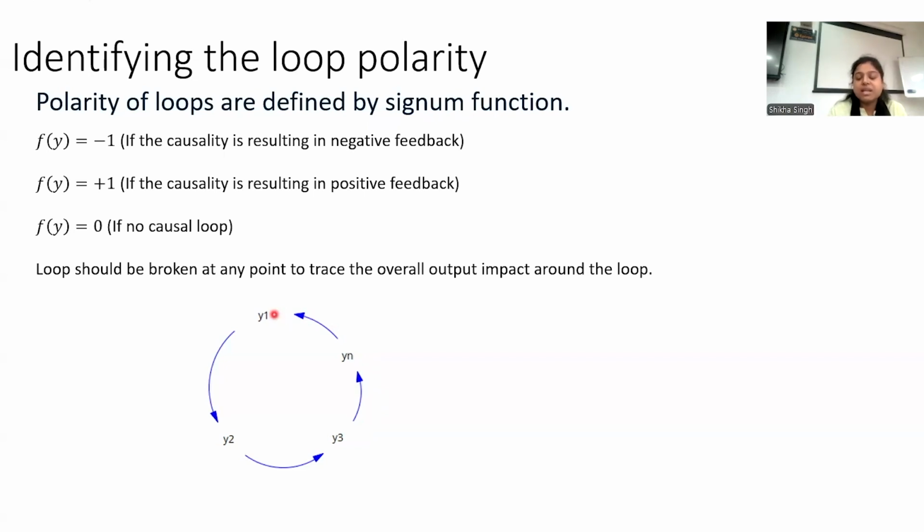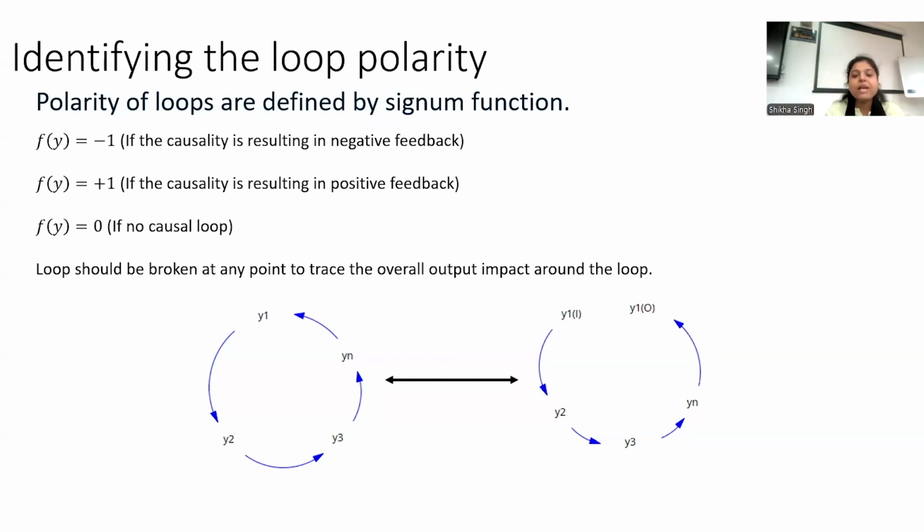So it has been suggested that instead of directly trying to make guesses, you better break this loop at some particular point at which you are trying to analyze the resultant polarity. Here you see Y1i is Y1 input and Y1o is Y1 output.